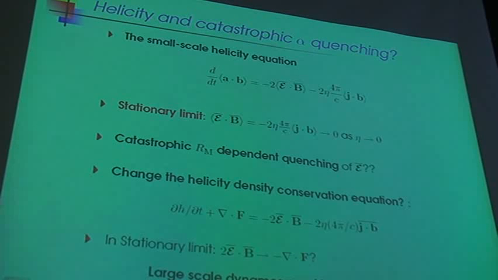In a global sense, helicity is conserved. The turbulent electromotive force produces helicity on one side in the mean field, and the opposite sign in the small scale field. And when everything goes to some stationary state, the turbulent EMF is already suppressed. And so you are not going to be able to maintain much of a field in that case.